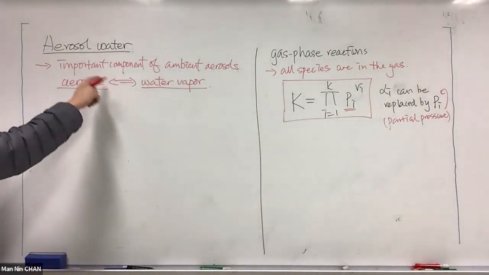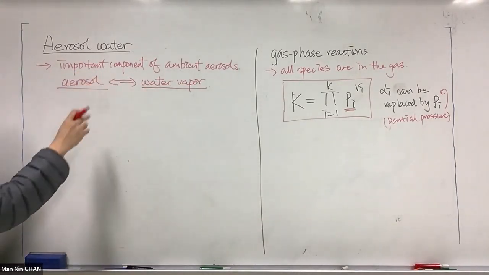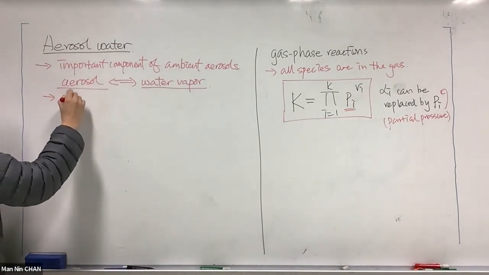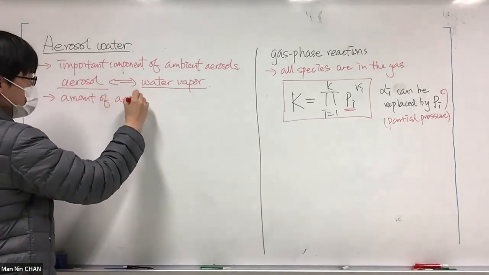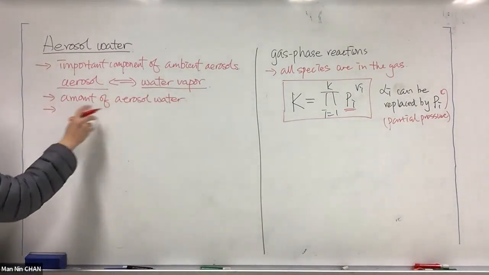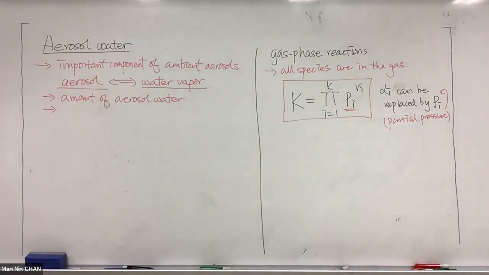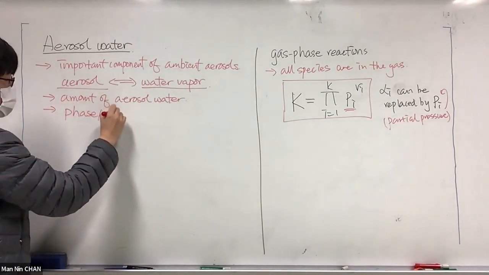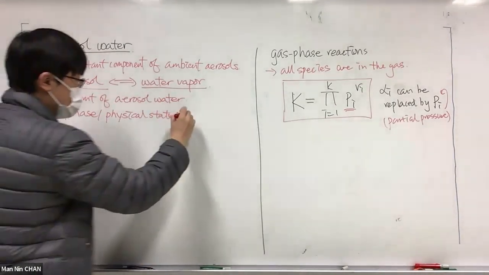Of course, this will affect the amount of water in the aerosol, but it will also affect the phase, or sometimes they call it the physical state, of the aerosol.